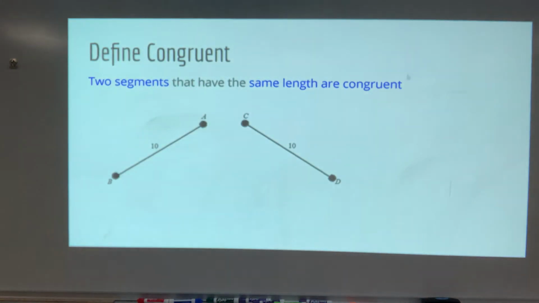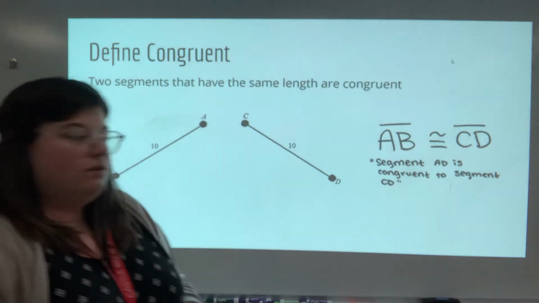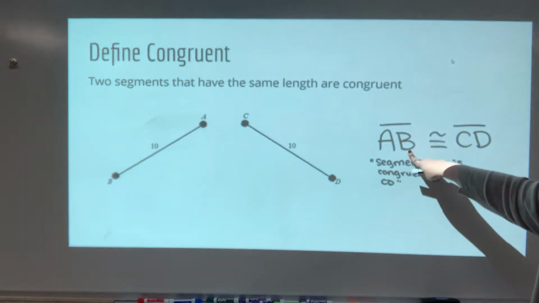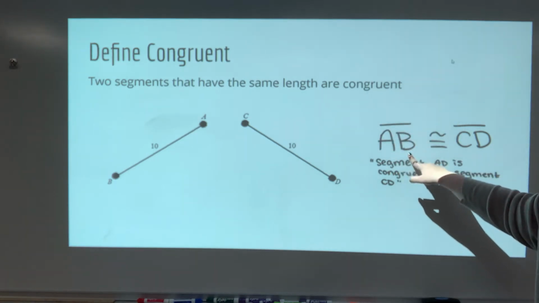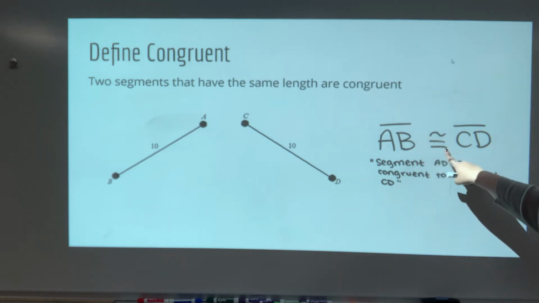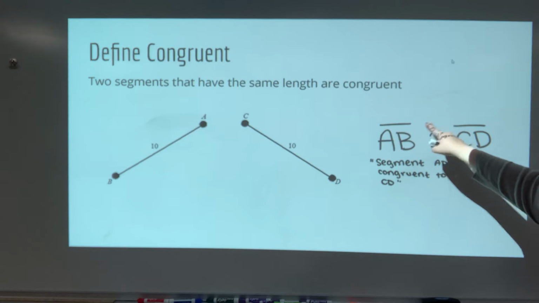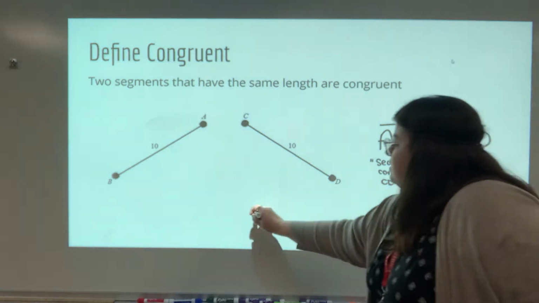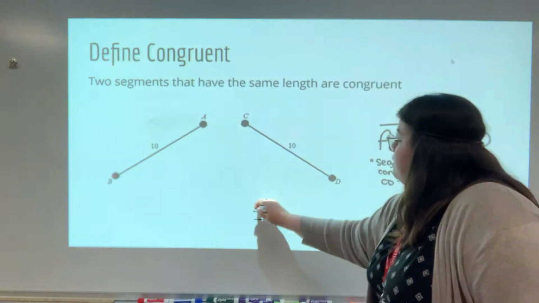And the way we can write congruent, specific notation, is we can write it like this. So, I have named this first line segment, line segment AB, again with that line on the top. AB is congruent to line segment CD. So our congruent sign is just an equal sign with a little squiggly on top.